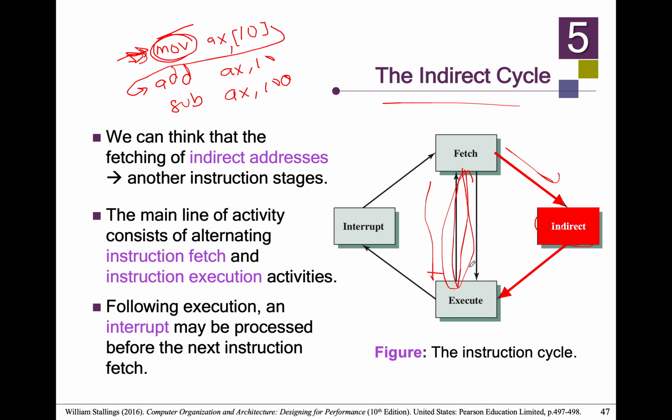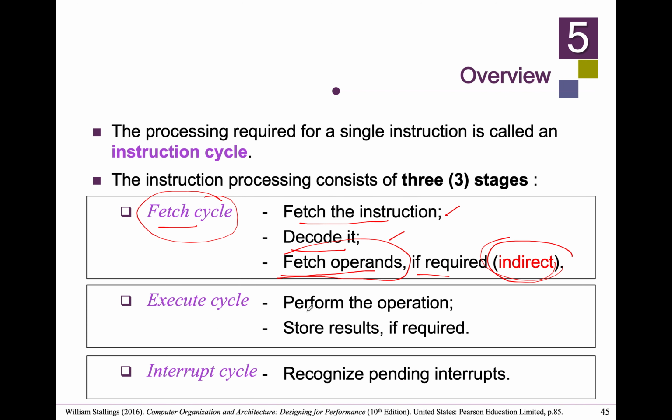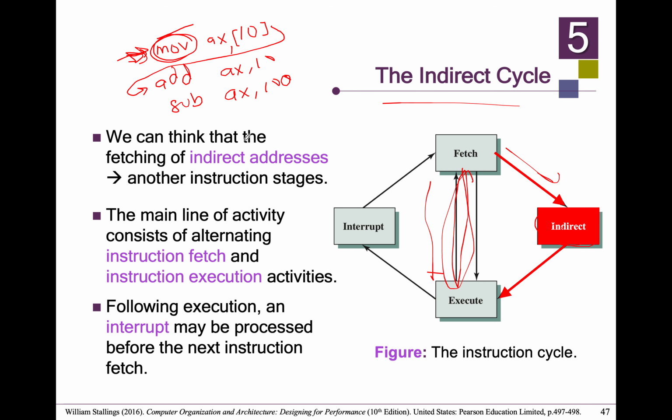What will happen in execute is you're going to perform the operation. This is your operation, going to perform move. If necessary, you need to store the value. So that will happen in your execute. You finish one single line, you move back again to your fetch.